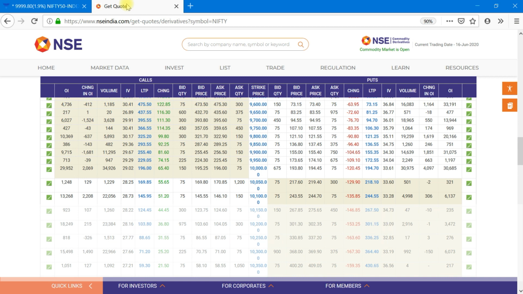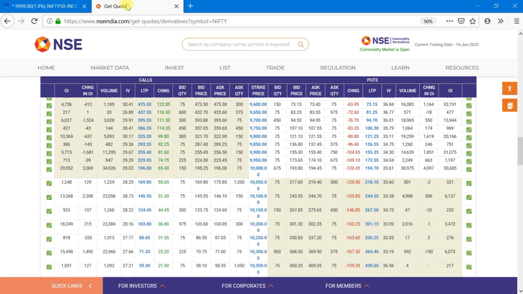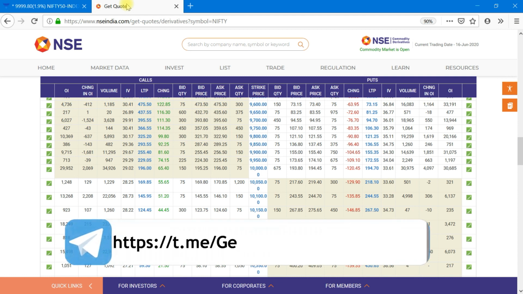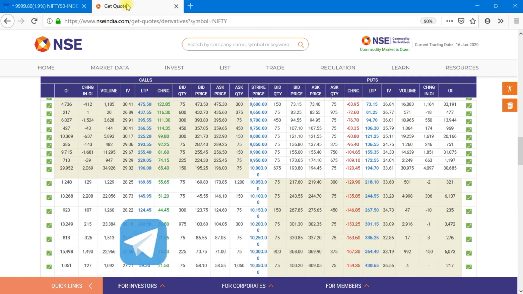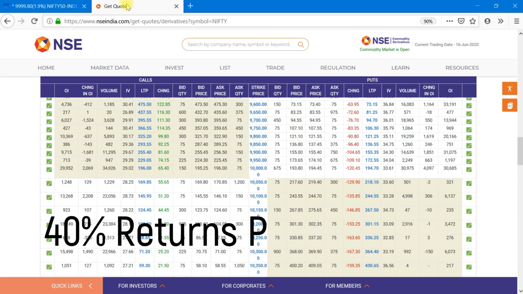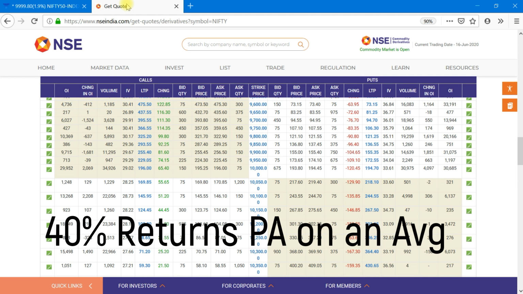The trick to using this strategy is, of course, apart from the prices and ranges, while tracking implied volatility, if you feel that the IV is high and will come down in a few days, then if you use this strategy at that time, you may get high premiums. Even if you get such trades only 50% of the time, you can still earn almost 40% returns in a year.